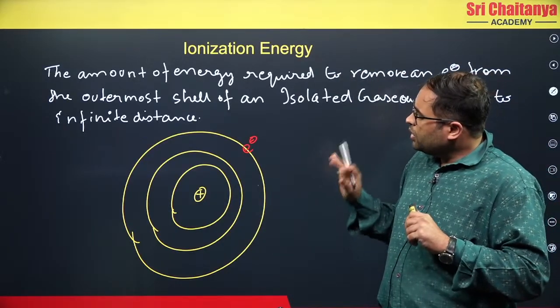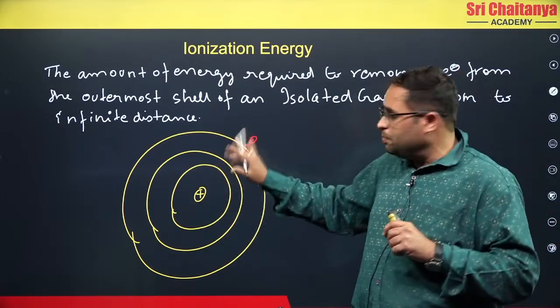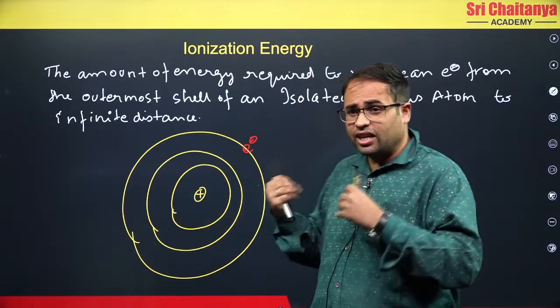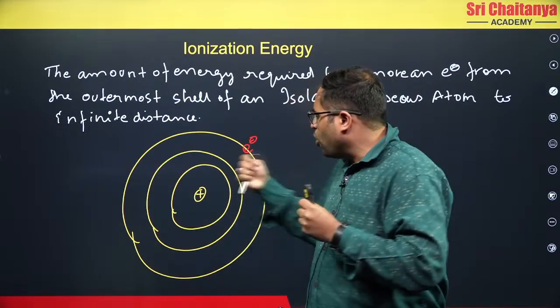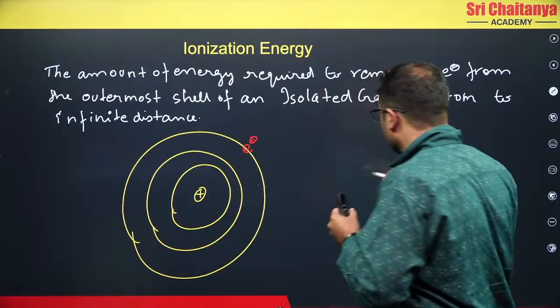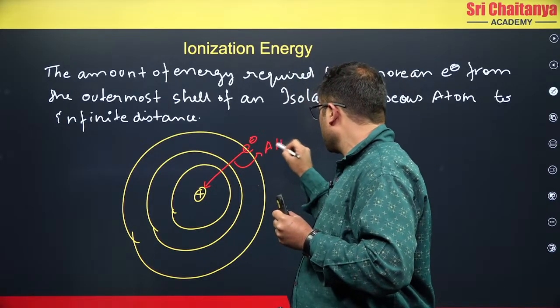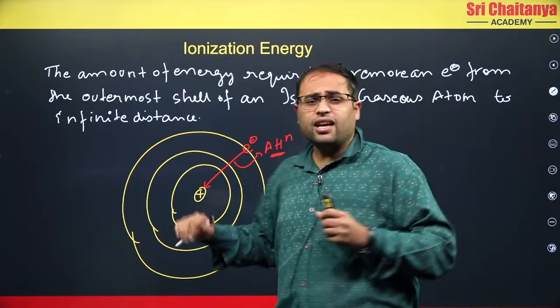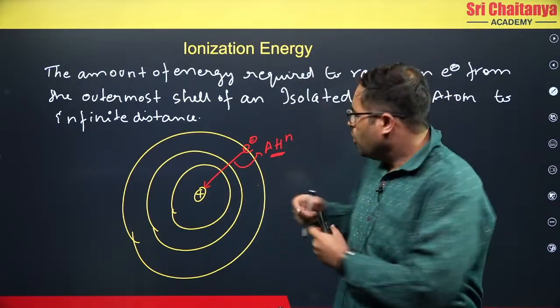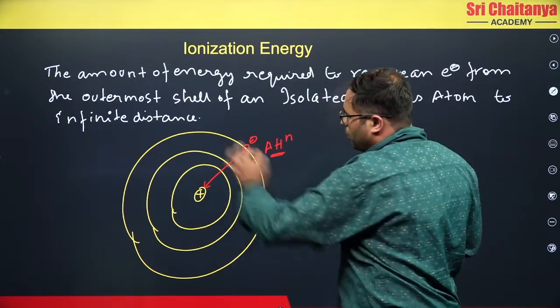Now, understand that this electron is being held, it is being kept in orbit by the attraction which is happening here. It's like a glue which is holding this electron in the orbit.